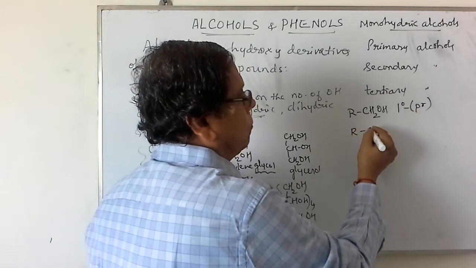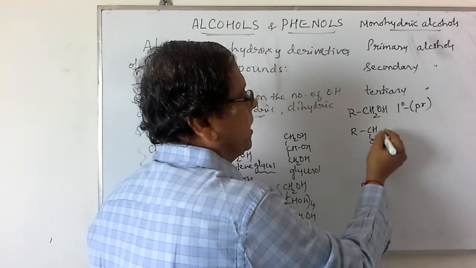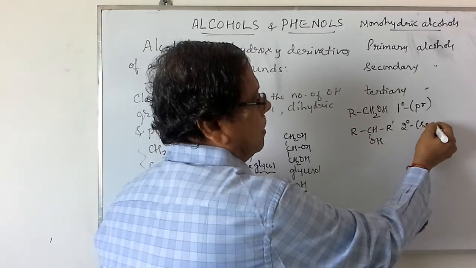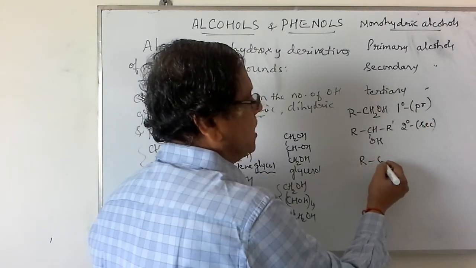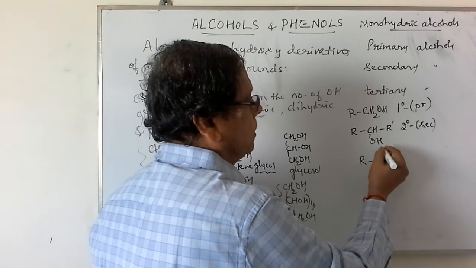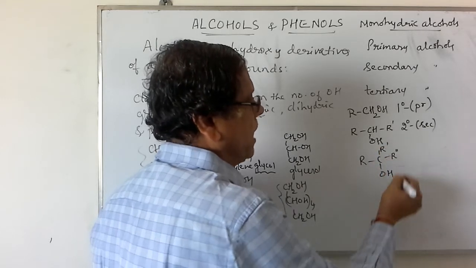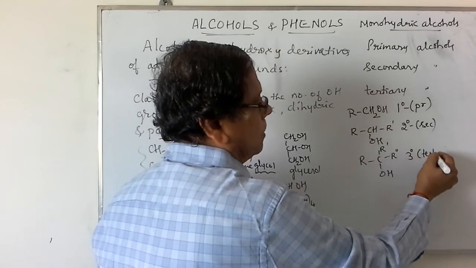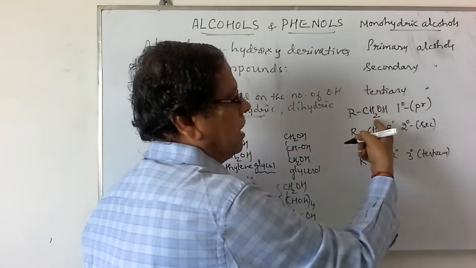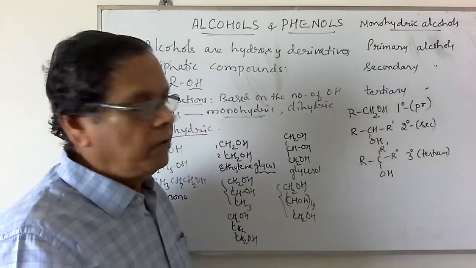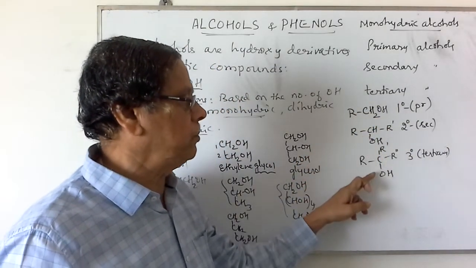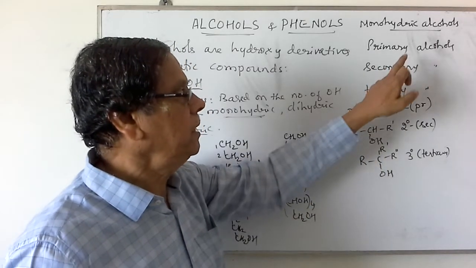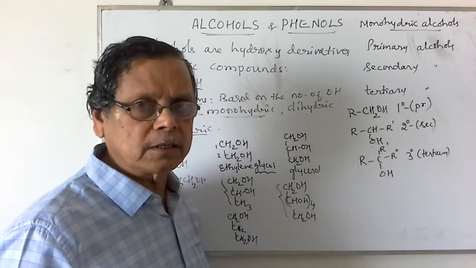If only one hydrogen is attached to the carbon carrying the OH group, then it is named as the secondary alcohol. If no hydrogen is attached to the carbon carrying the OH group, say R, R', R'' C-OH, this is called a tertiary alcohol. So depending on whether the carbon carrying the OH group contains two hydrogens, only one hydrogen or no hydrogen, they are further classified as primary, secondary and tertiary alcohols.